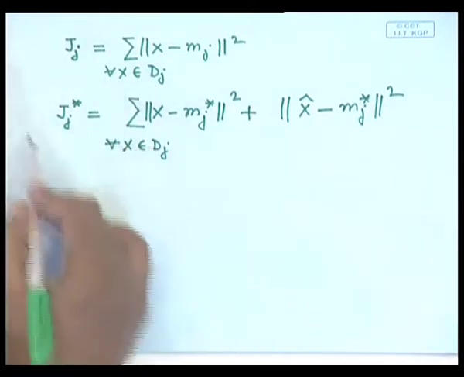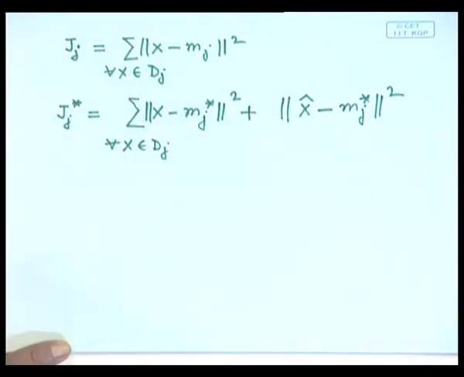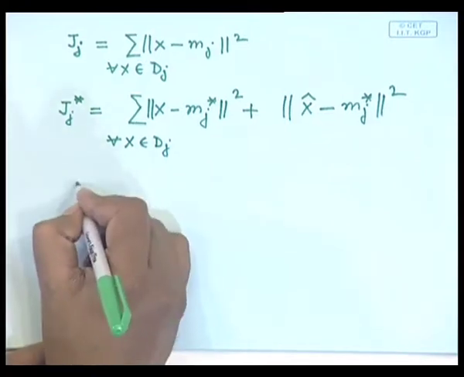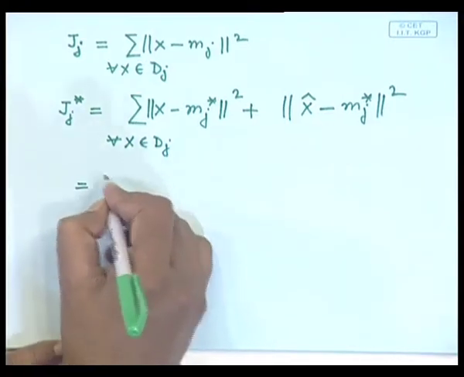This is the total error in the jth cluster. Okay. And again I can simplify this.